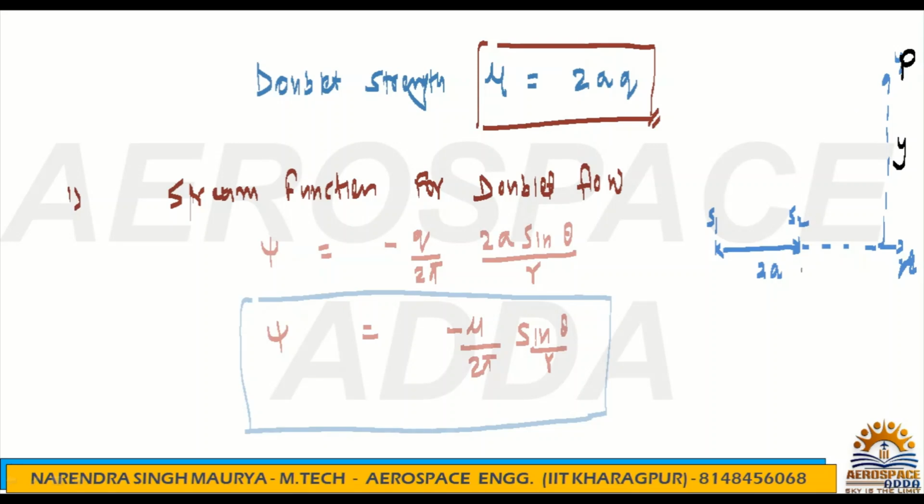The radial distance is nothing but r. This small r is the radial distance from the source, and similarly from the sink S2, and theta also we have here.